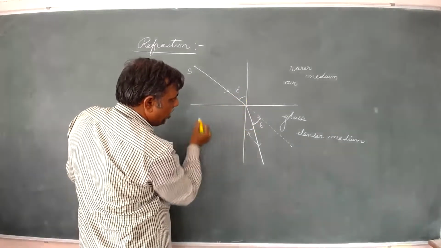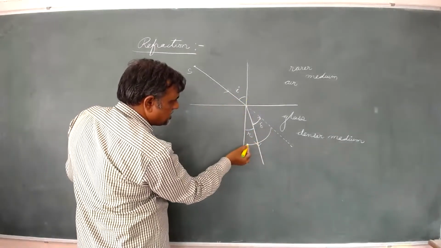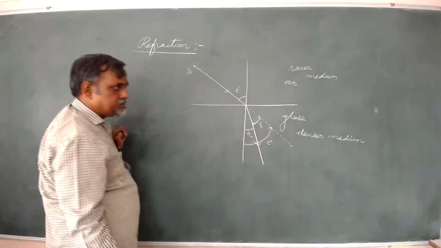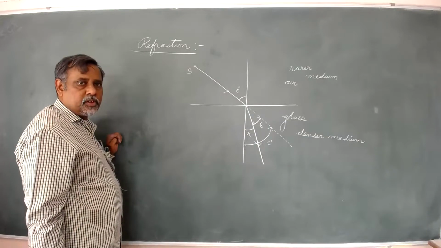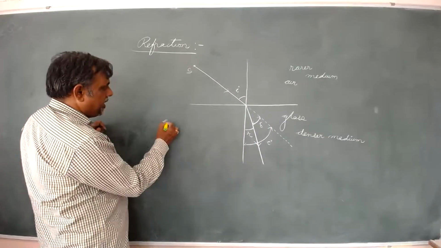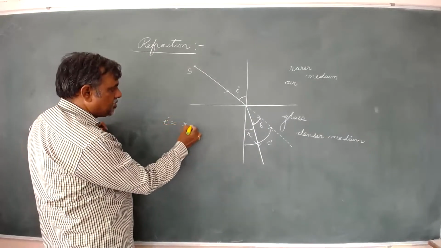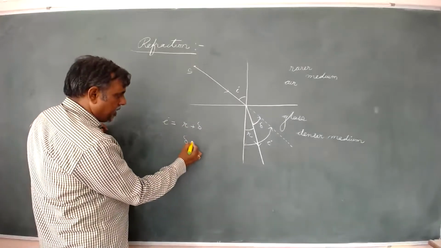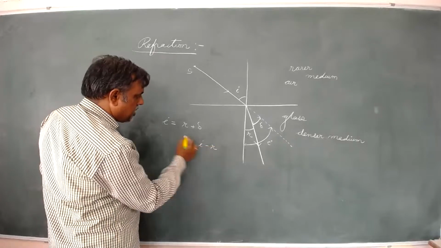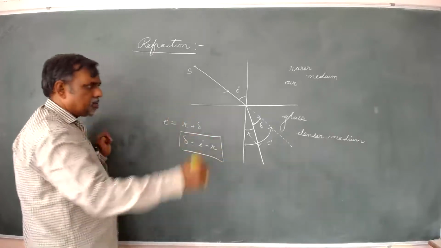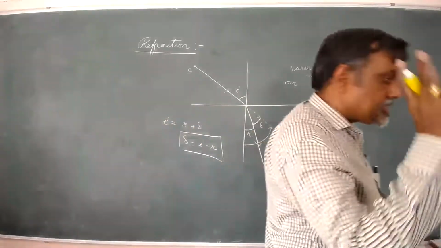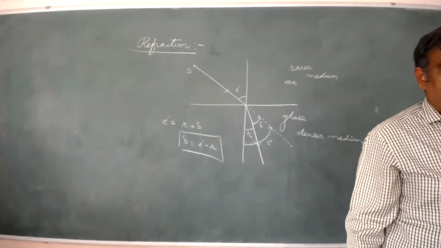This is the angle of incidence. Even this thing also becomes the angle of incidence I. So I in this particular case is equal to R plus delta. So angle of deviation is equal to I minus R. This is the formula that we are going to use when the light ray passes from rarer to denser to get the angle of deviation.